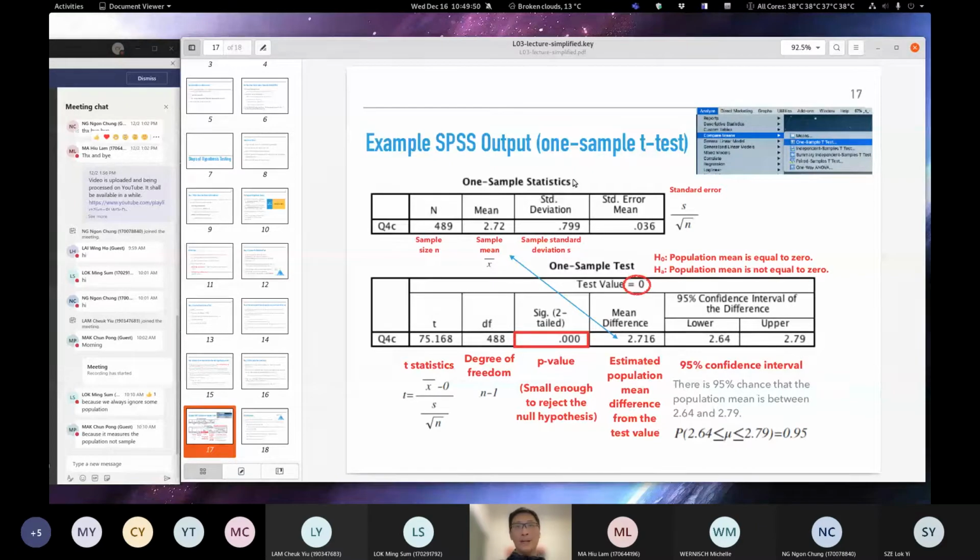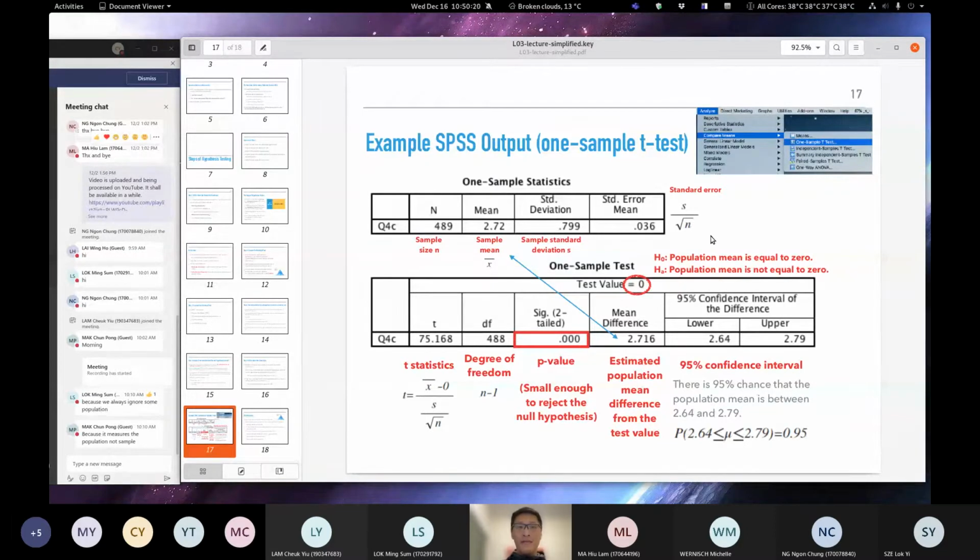The first table here is the descriptive statistics. So this part has nothing to do with hypothesis testing. It tells you the sample size here, the sample mean here, the sample standard deviation, and also the standard error mean, which is basically the standard deviation divided by the square root of the sample size.